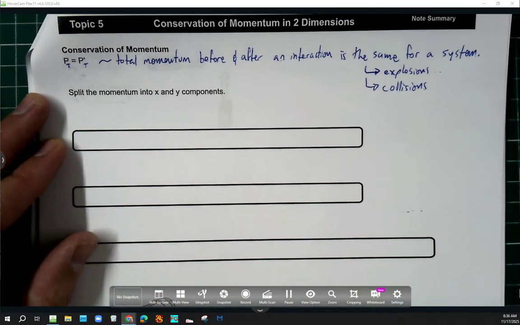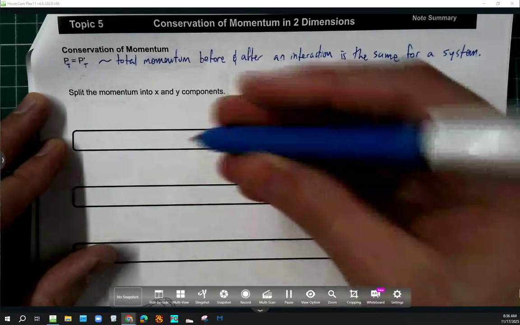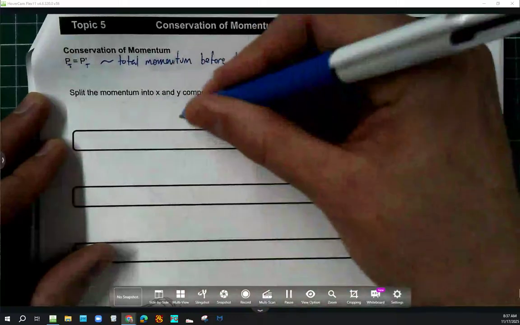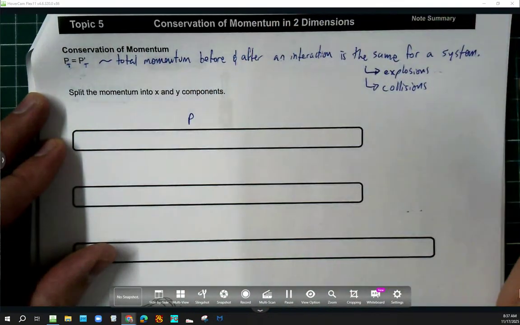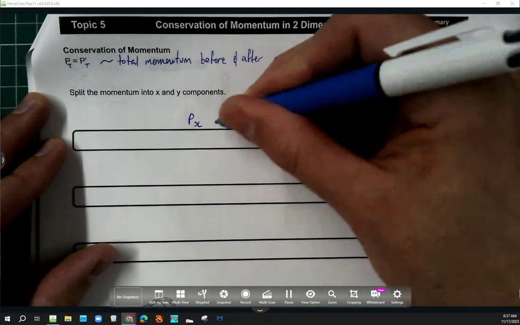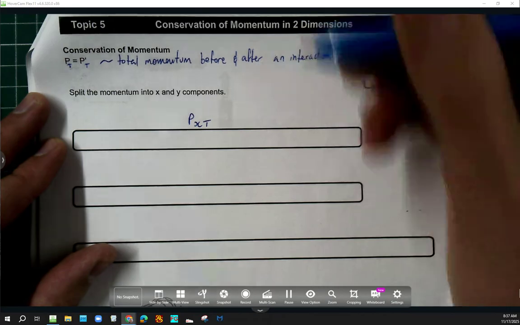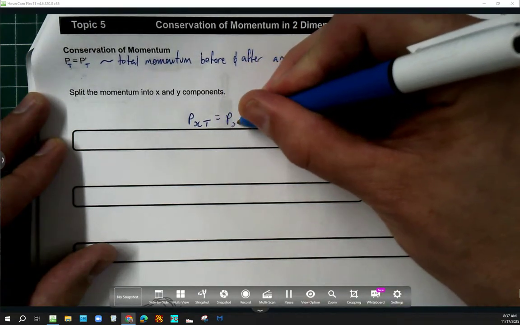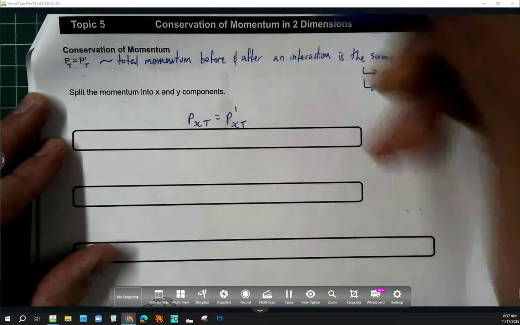So we want to split momentum up into X and Y components. Instead of just thinking about the total momentum before and after, we'd like to think, as we did with projectiles, in terms of X thinking and Y thinking. So P total in the X direction would be equal to P total in the X direction after.